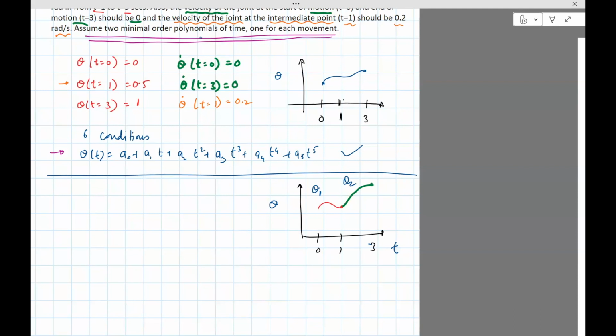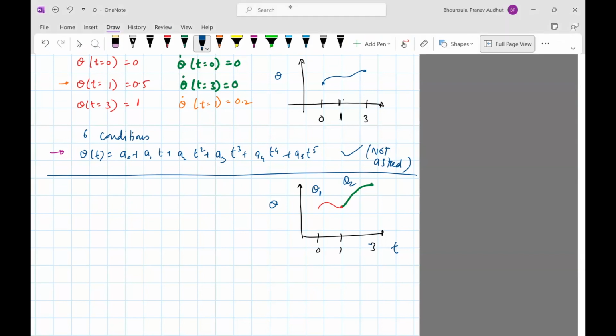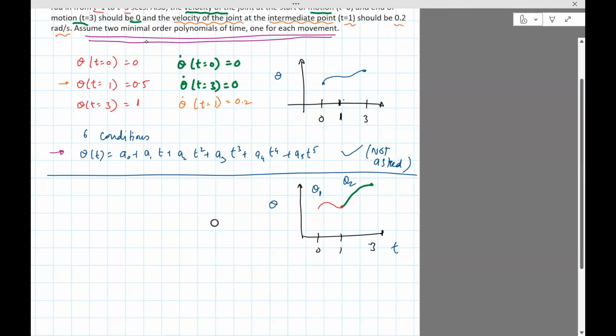Okay, so this is, as I said, not asked in this fashion, but you could totally do this: 6 conditions, fifth order polynomial. But let's see how to do it by this constraint, which I just said. So you need to impose conditions on theta 1 and impose conditions on theta 2. So for theta 1, at t equals 0 is 0.